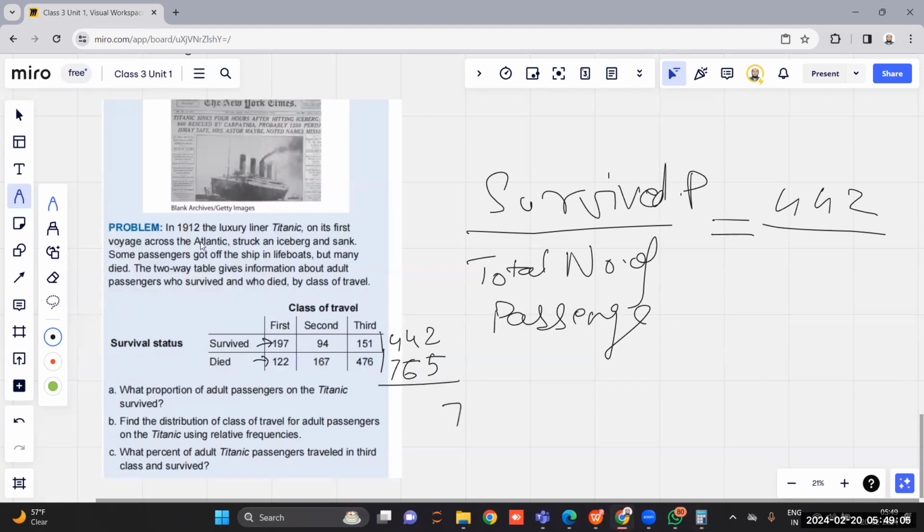So the total is 1207. Correct. So this is the proportion of the passengers who survived.